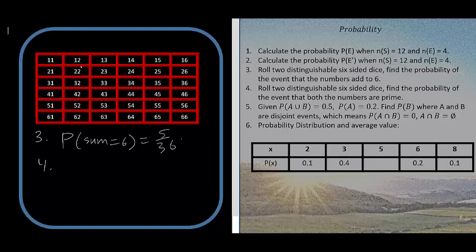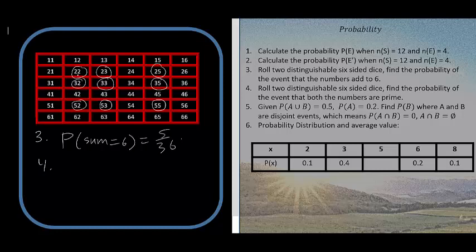Then you can count like this: 2, 2, 2, 3, 2, 5. Then you have 3, 2, 3, 3, 3, 5. Then you have 5, 2, 5, 3, 5, 5. Yeah, those are my prime numbers.